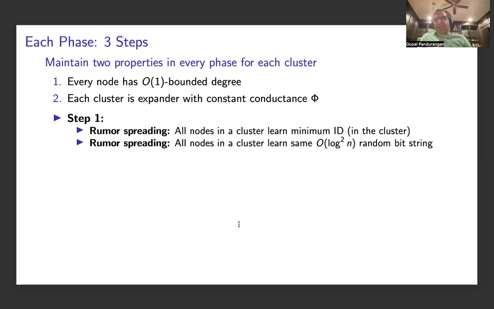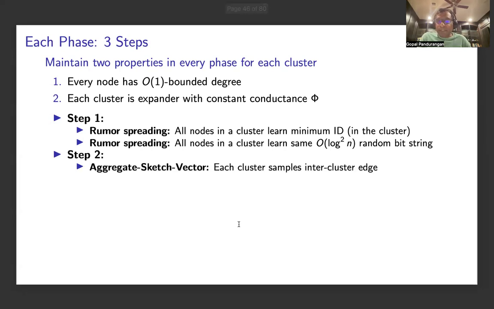This is because all nodes need to have the same log squared n random bit string. The minimum ID node will now broadcast, again by gossip, the log squared n random bits. And so all nodes in the cluster will learn the same log squared n random bit string.